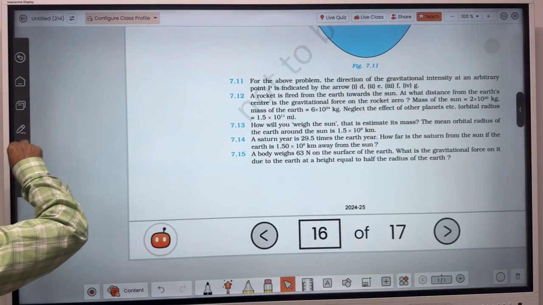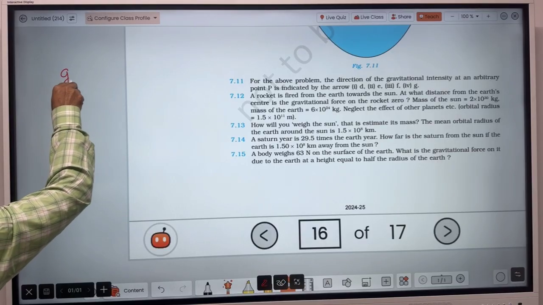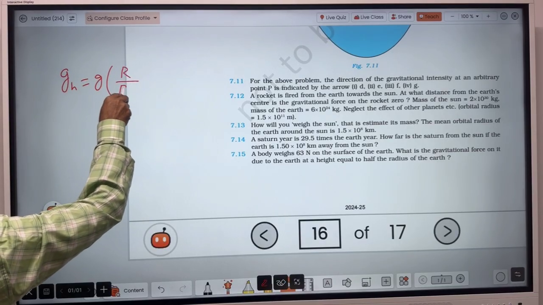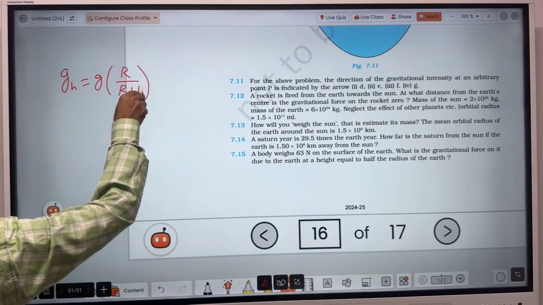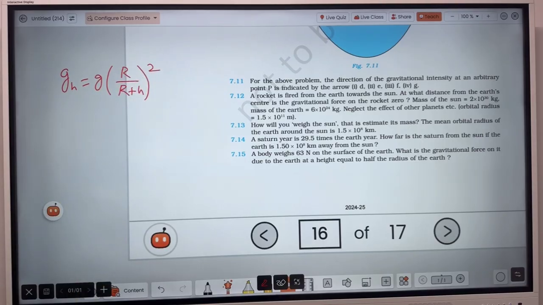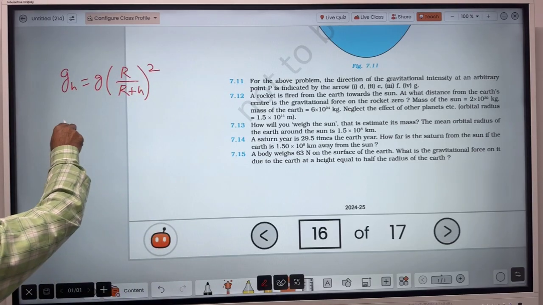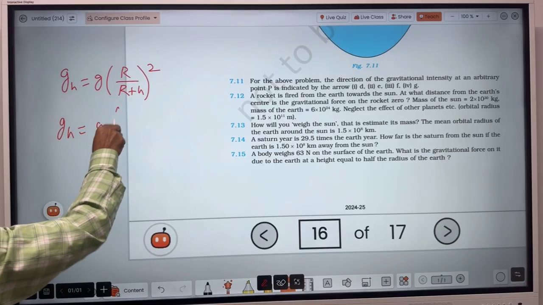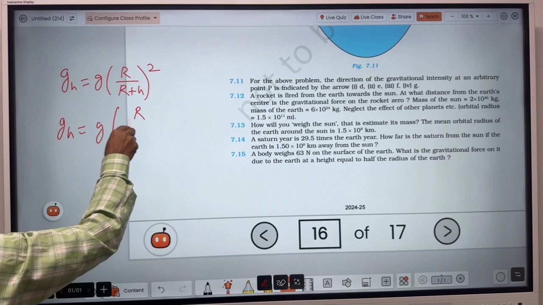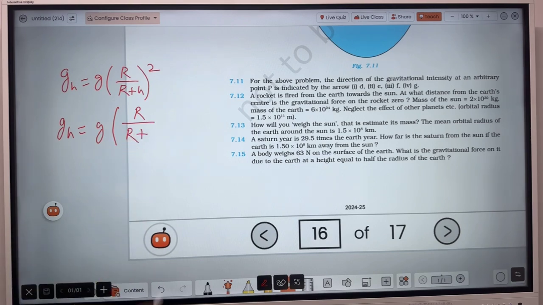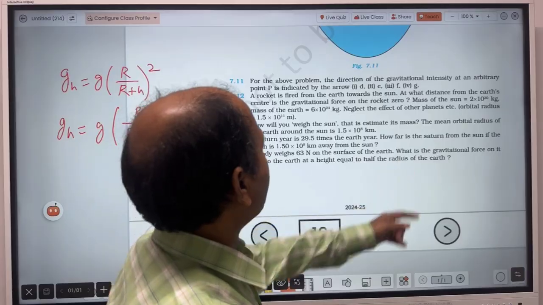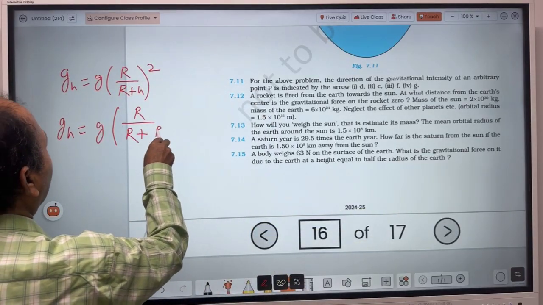So here, the value of g at height is given by g' = g times R upon (R plus h) whole square. Let's find its value. They are saying the height is equal to half the radius, so h = R by 2.